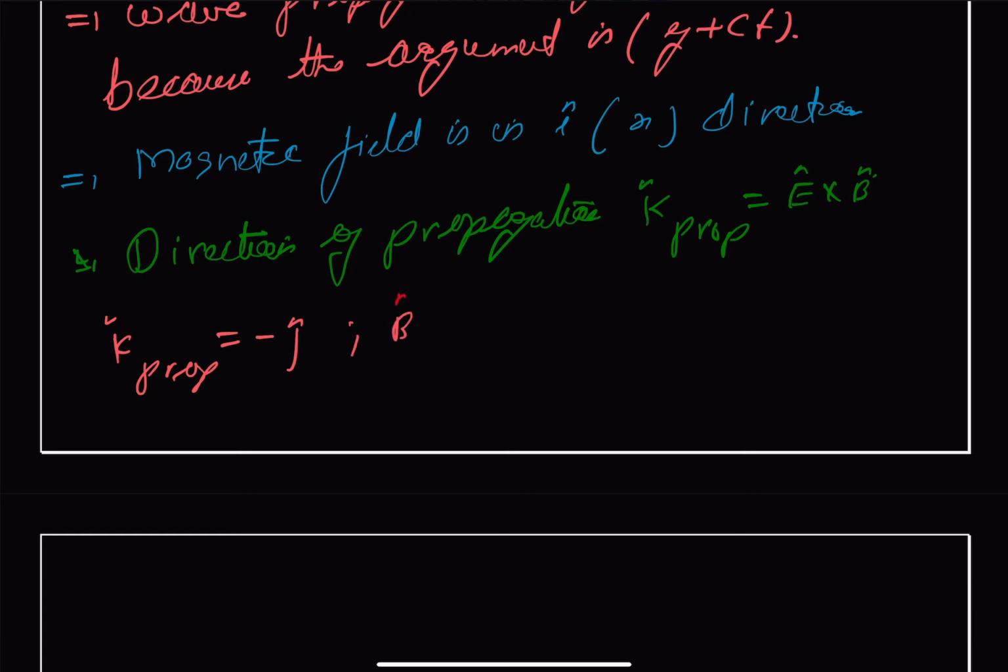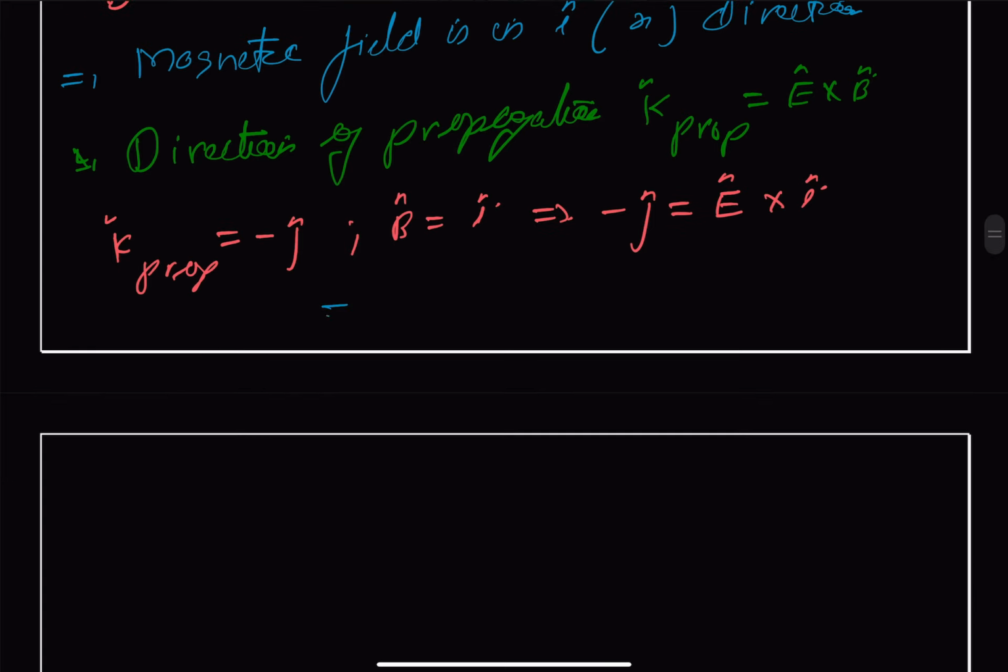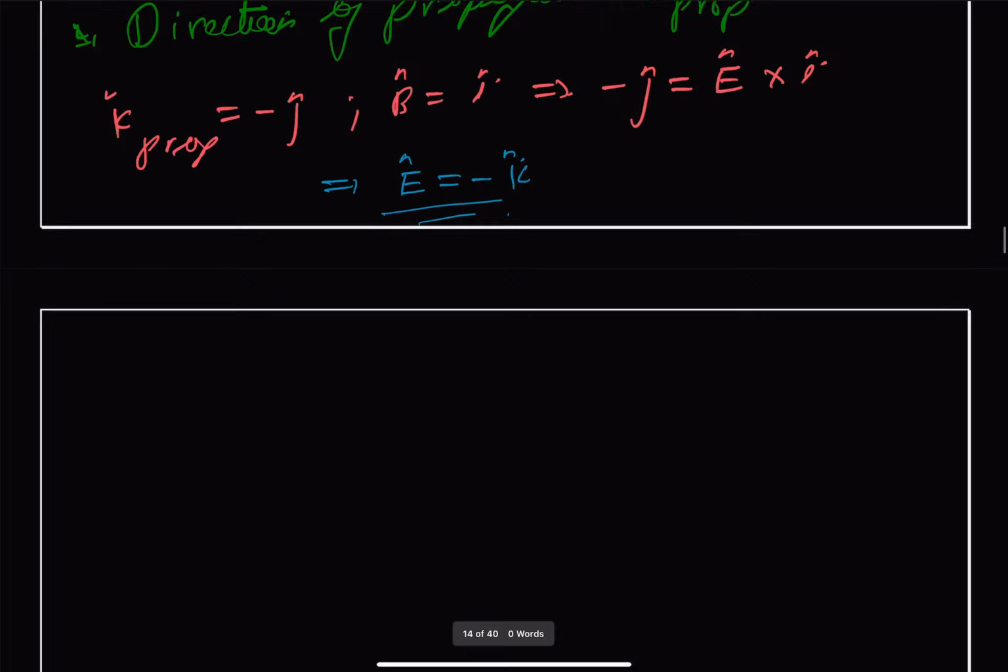The unit vector of our magnetic field is our i unit vector. Therefore, we can write minus j is equal to the electric field unit vector cross i unit vector. So obviously from here we can write that the unit vector, or direction, of the electric field should be equal to minus of k unit vector. So this is the direction of our electric field.